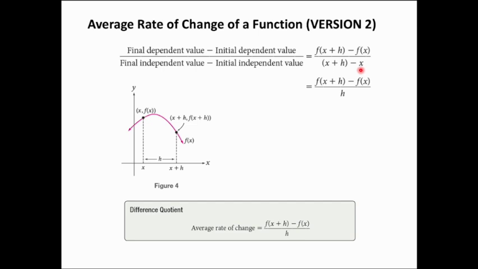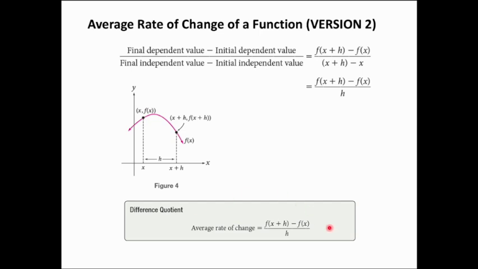When I do that, the x's drop out because I have an x and a minus x, and I'm left with just h, which makes sense because remember, on top we have the difference in the y's, and then down below is the difference in the x's, and the difference between the x2 and the x1 is h. So now we're looking at the difference quotient in a different way.